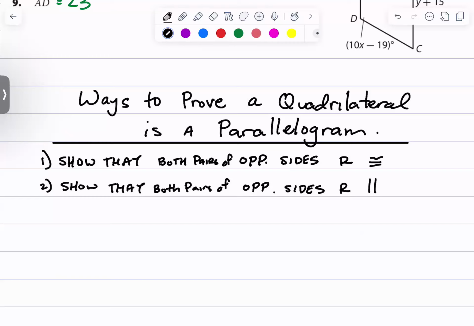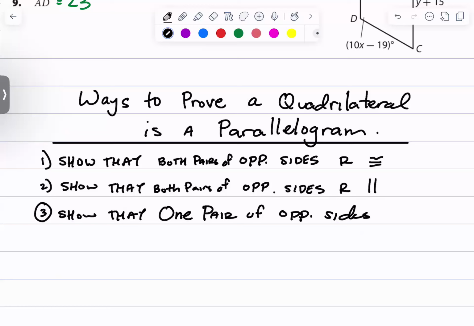are parallel. The third way is show that one pair of opposite sides are congruent and parallel. Okay, so if one pair is both congruent and parallel, then we show that it's a quadrilateral.